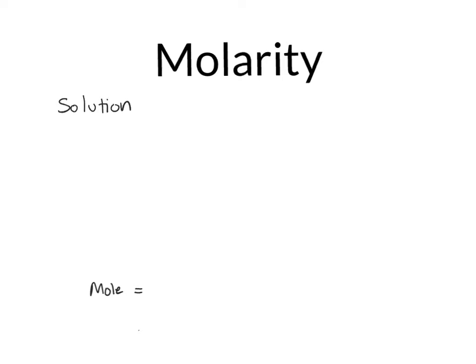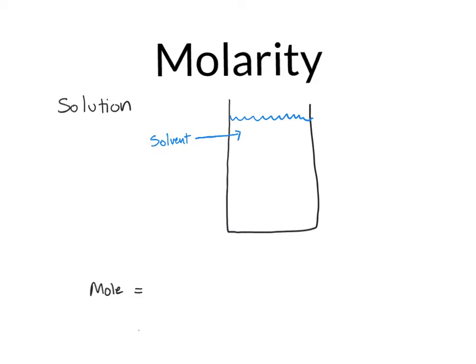If you remember, a solution is made of two parts. So here I have a cup, and in this cup there is water. Now the water is my solvent. The solvent is what does the dissolving.